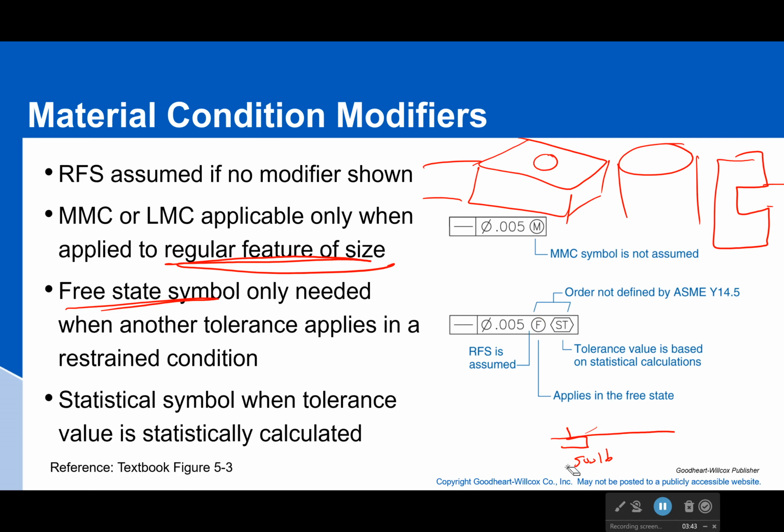Statistical tolerance is a very strange symbol. And we don't talk about it too much, but it's simply saying that our tolerance is going to be statistically calculated. It means that based on their knowledge of the process, their understanding of what the company can do and do well, their knowledge of how everything's going to mate together and of the materials being used, they can calculate based on statistics.